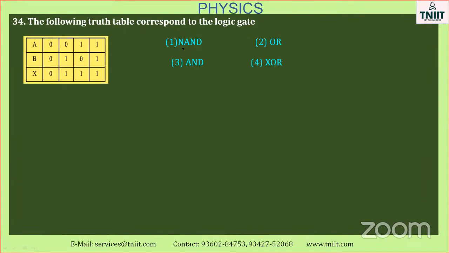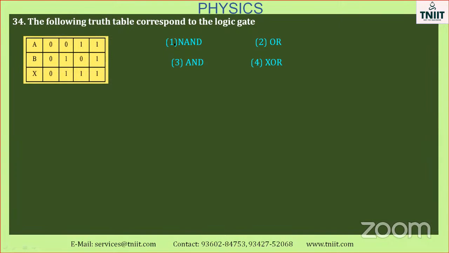What's the truth table corresponding to which gate they are expecting? Which gate is it?